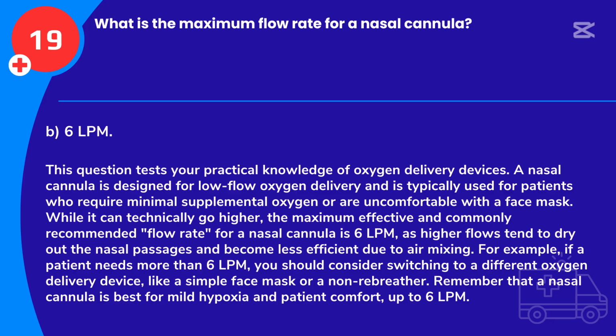While it can technically go higher, the maximum effective and commonly recommended flow rate for a nasal cannula is 6 lpm, as higher flows tend to dry out the nasal passages and become less efficient due to air mixing. For example, if a patient needs more than 6 lpm, you should consider switching to a different oxygen delivery device, like a simple face mask or a non-rebreather. Remember that a nasal cannula is best for mild hypoxia and patient comfort, up to 6 lpm.